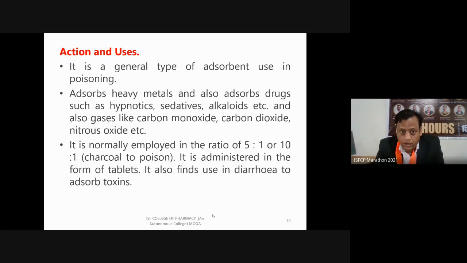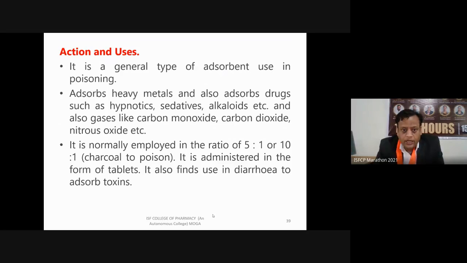When these drugs produce any type of poisonous effect, they can be treated using activated charcoal. Some gases that are poisonous in nature, like carbon monoxide, carbon dioxide, and nitric oxide, also adsorb on activated charcoal, which can minimize the toxic effect of these gases.